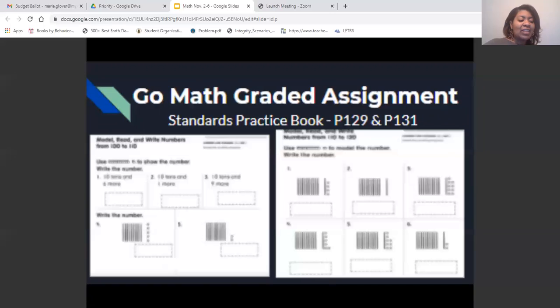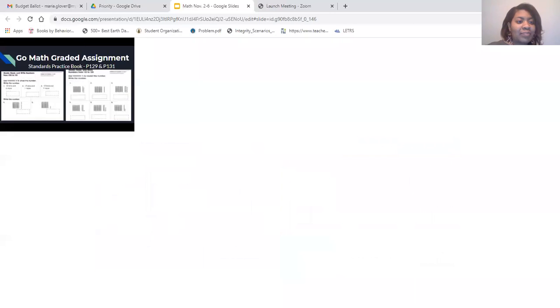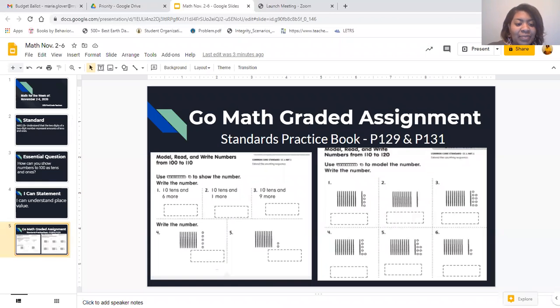All right, let's take a look at our assignment. It is coming from our standards practice book, pages 129 and 131. This is the small practice book that has the light green strip across the front that says standards practice book, and these pages all have the letter P in front of them.